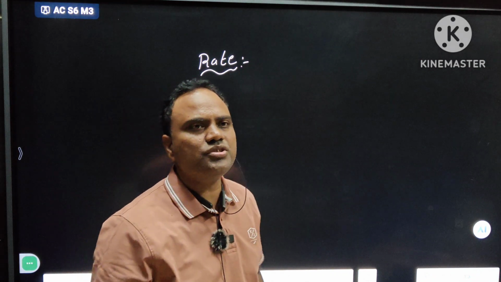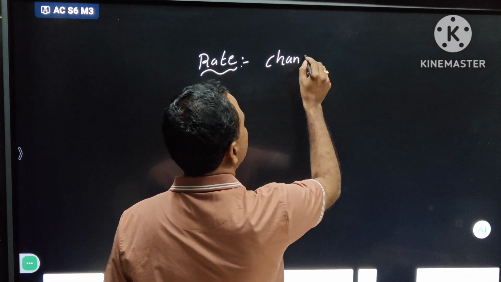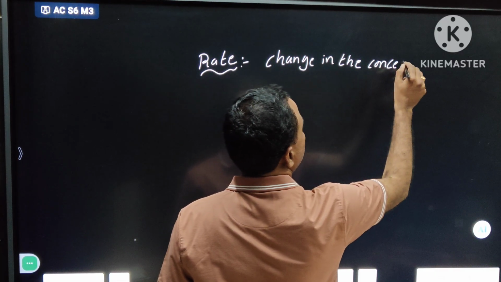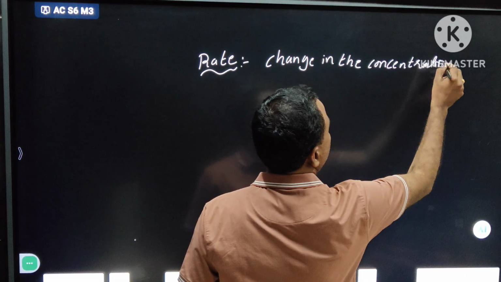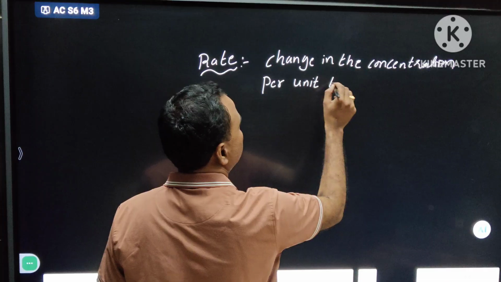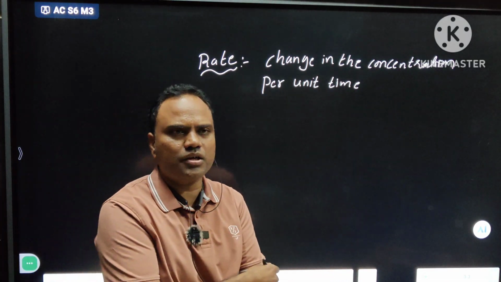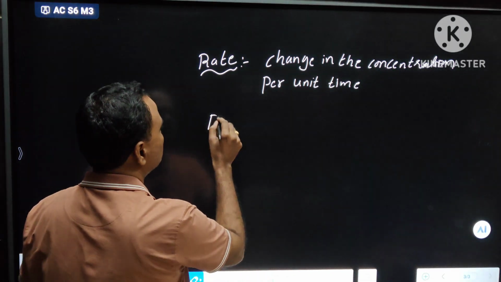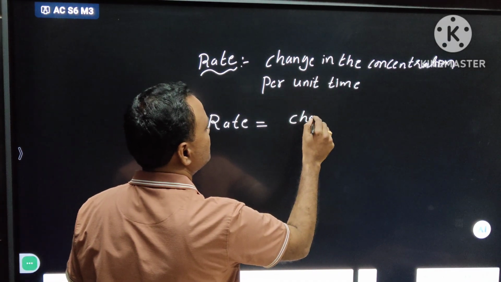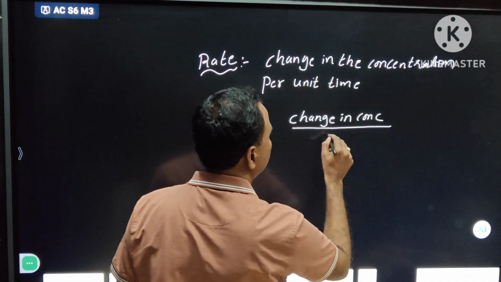Rate is defined as change in the concentration per unit time, or in a particular time interval. So we can write an expression for rate like this: change in the concentration by time.